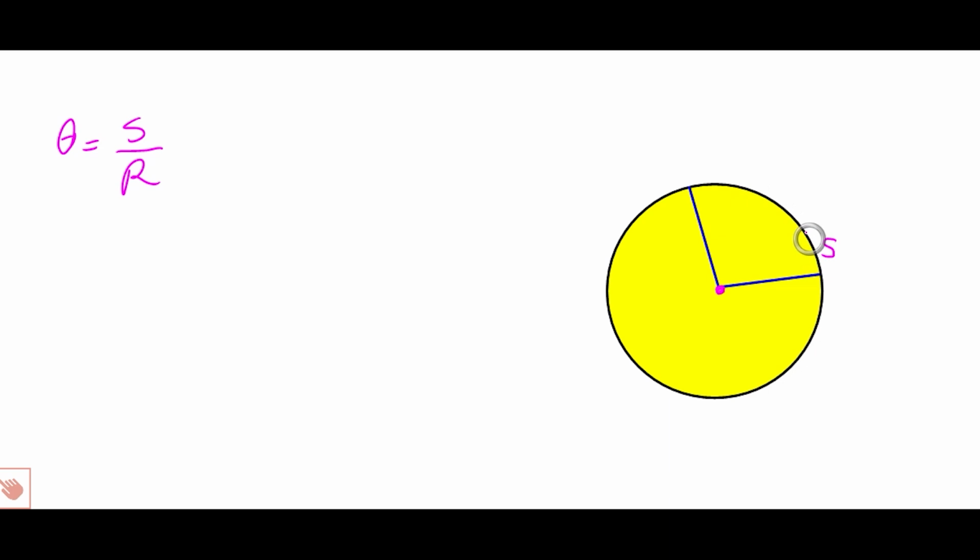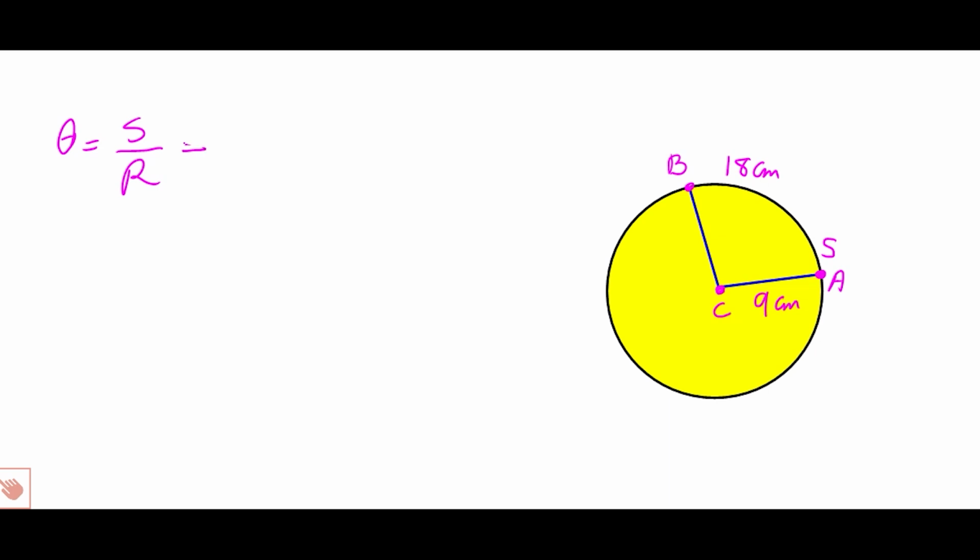If the arc length is 18, that's the distance between these 2 points, let's call it point A and B, and the center of the circle is C. The radius of the circle is 9 centimeters and the arc length is 18 centimeters.